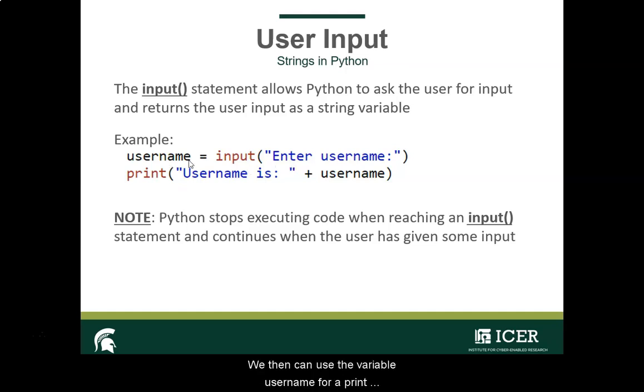We then can use the variable username for a print statement, as you see here. Notice that Python stops executing code when it reaches an input statement and will not continue until the user has provided some input.